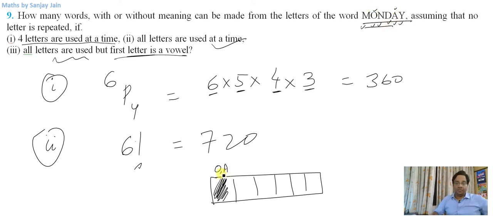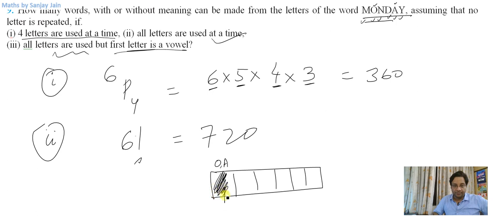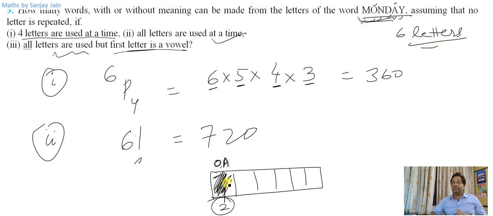So the first place can be filled only in 2 ways, right? Once I fill the first place, I'll be left with 5 letters. These are 6 letters total, out of them there were 2 vowels, out of which I have filled one here.